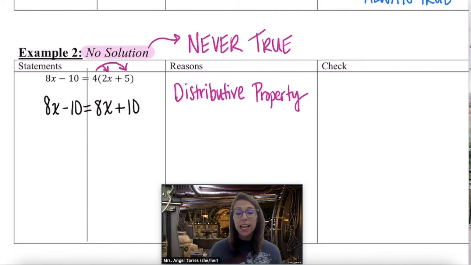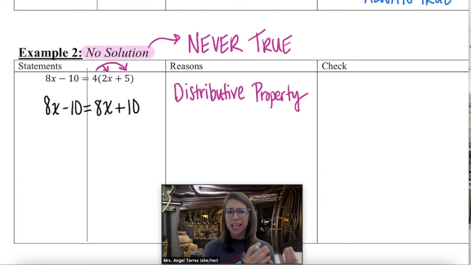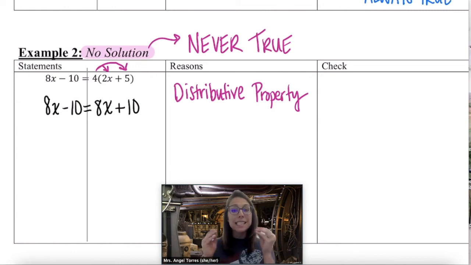On the left side of the equation, I have 8x minus 10, and on the right side, 8x plus 10. How is that ever going to be true? How can I have a number and subtract 10 and expect that to be the same as the number plus 10? At this point, because we have expressions with the same starting value and different changes, we know this equation has no solution and will never be true.